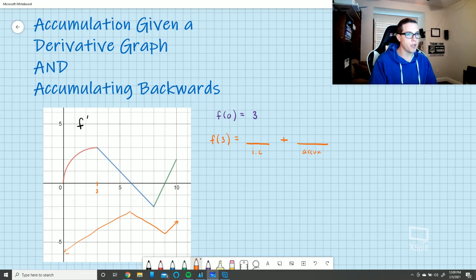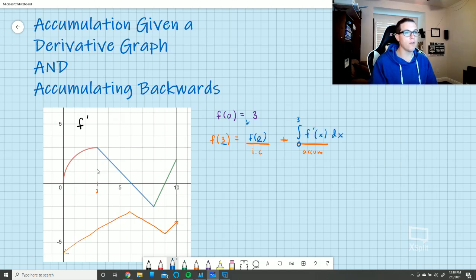I really hope you're getting tired of hearing that. If so, then I'm doing a good job because it is such a crucial calculation. So the initial condition is f of 0. And the bounds, and this is going to be important for later, should be from where you're at to where you're trying to get. You are accumulating a rate from 0 to 3 of your derivative graph.